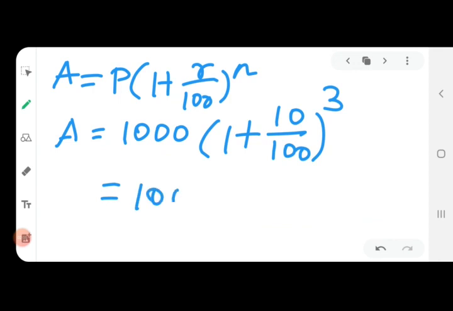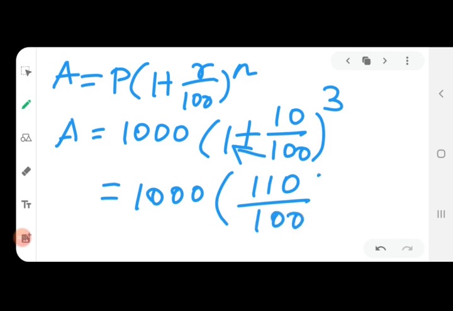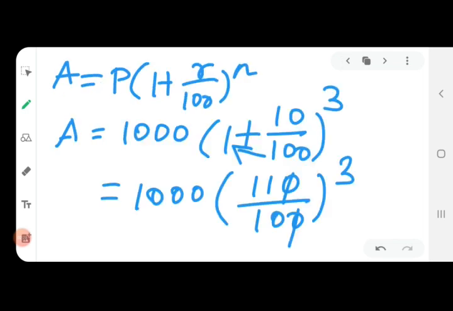Now 1000 into, cross multiplying, what will be the value of this one? So 1 into 100, 100 plus 10, 110 by 100 whole cube. Here 0 will be cancelled. So A equal to 1000 into, what is our whole cube? 3 times we have to multiply.